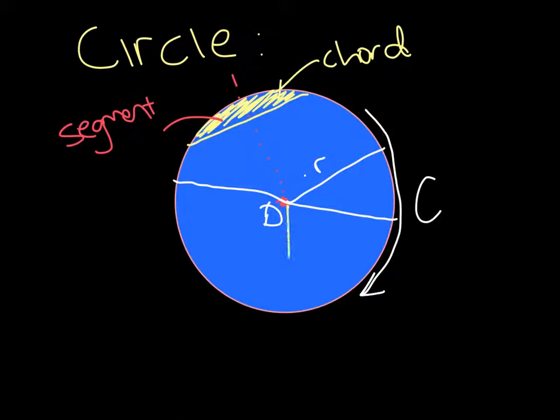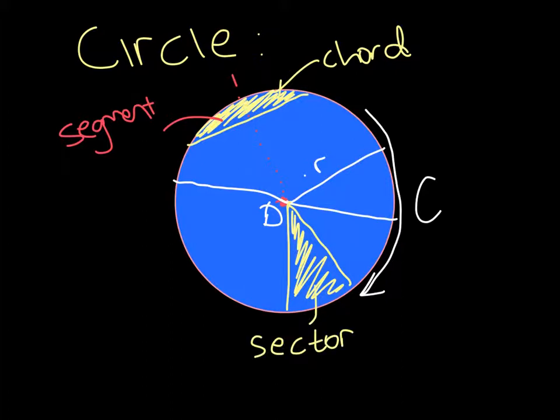If we take like a pizza slice going from the center of the circle out to the edge, and take a chunk out of there, this is called a sector. And one more actually before we go. If we take just a line around just a part of the circle, part of the outside, this is called an arc.